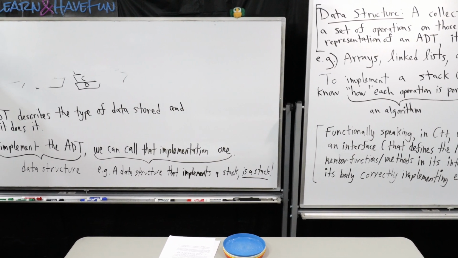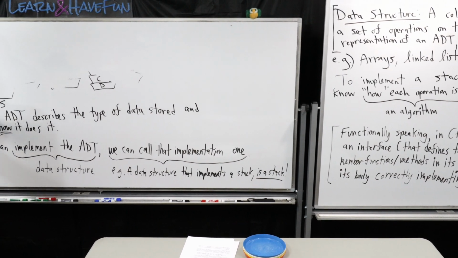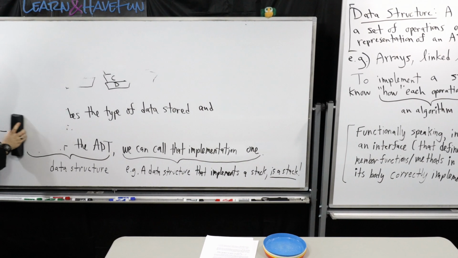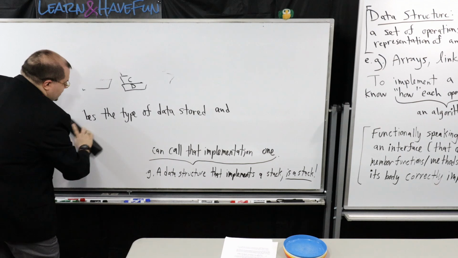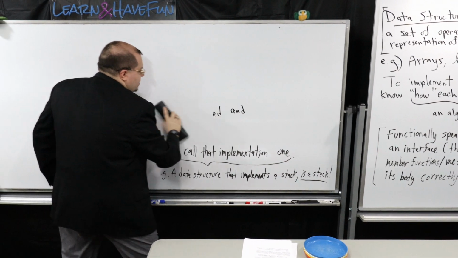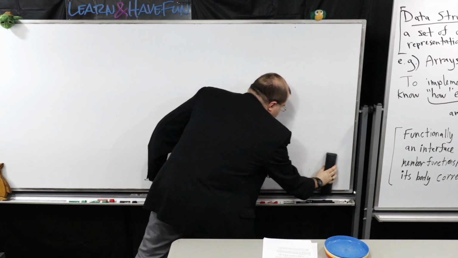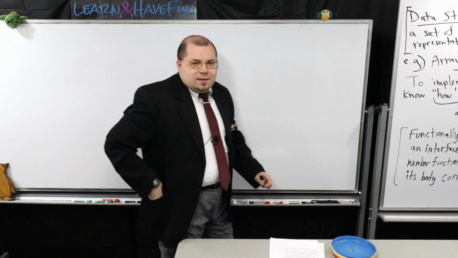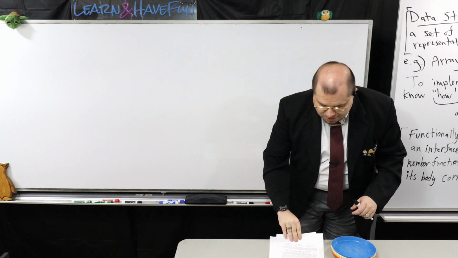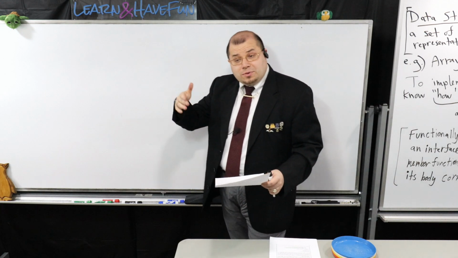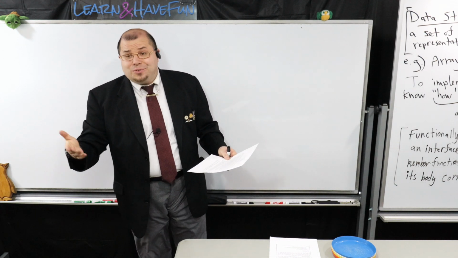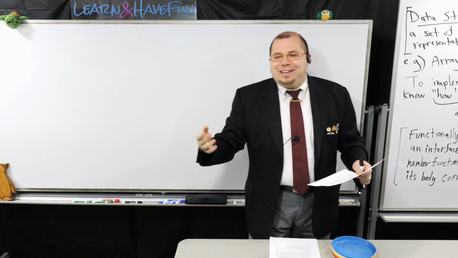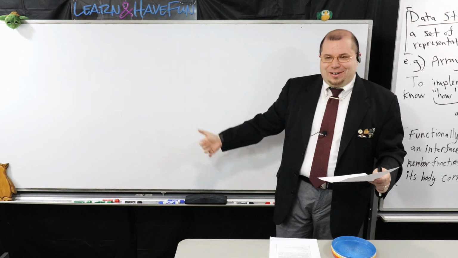Like I said, there can be other operations as well. So let's talk about how we could represent it. Now there's several different data structures that you can have. They're all stacks. So you can have different kinds of stack data structures.